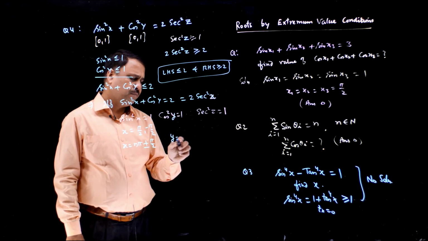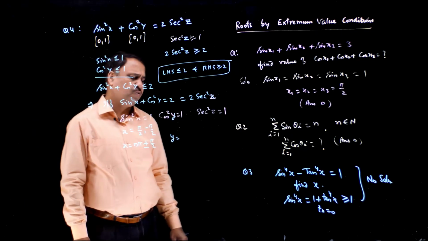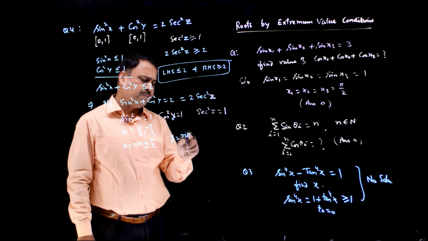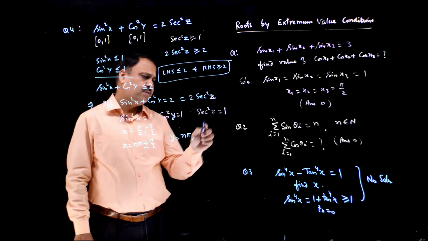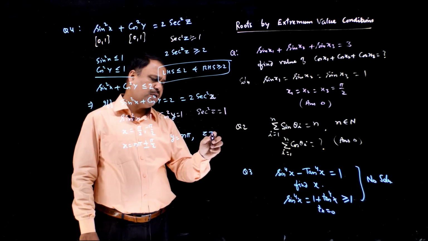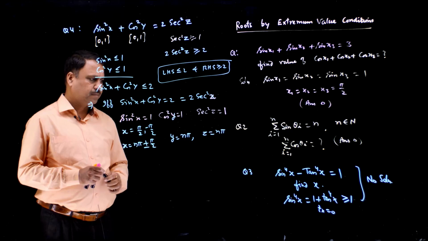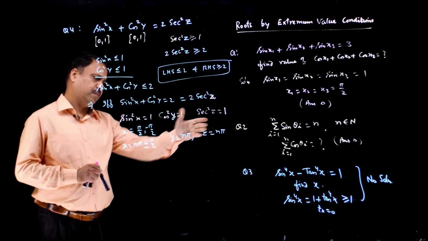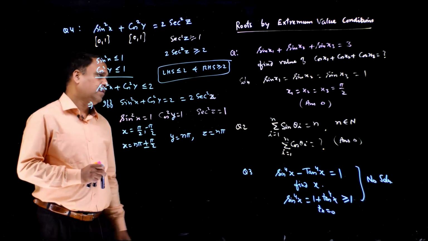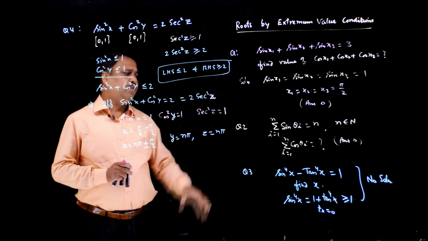Then cos square y is equal to 0, so y is equal to n pi plus or minus 0. Sec square z is equal to 1, so cos square z is 1, same equation. So z is also equal to n pi: pi, 2 pi, 3 pi values can be there. So these are the solutions of these equations by the method of extremum value conditions.